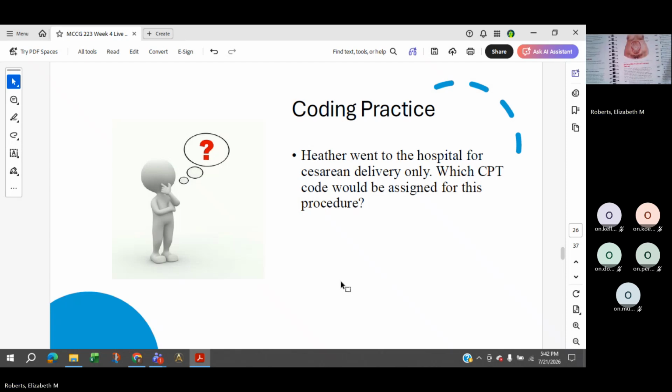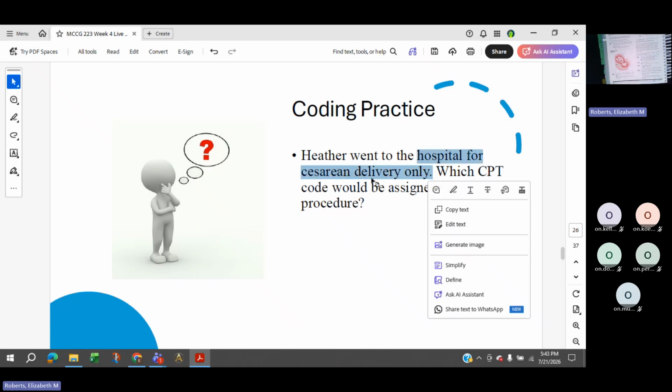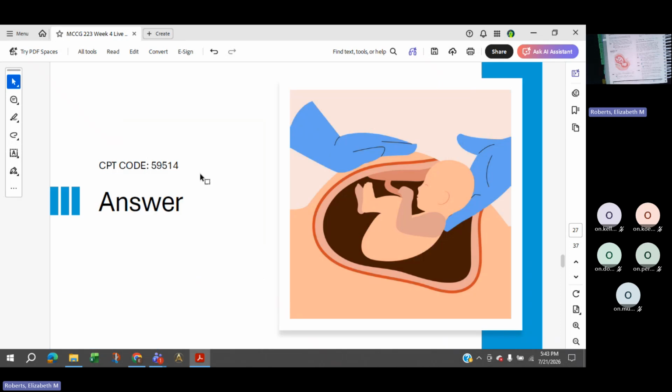59. If you go to page 450, these are all of our OB service codes. So I guess I'm going to use this opportunity to talk about these codes right now. If you look on page 450, cesarean delivery only would be billed with 59514, which is there on page 450, cesarean delivery only.